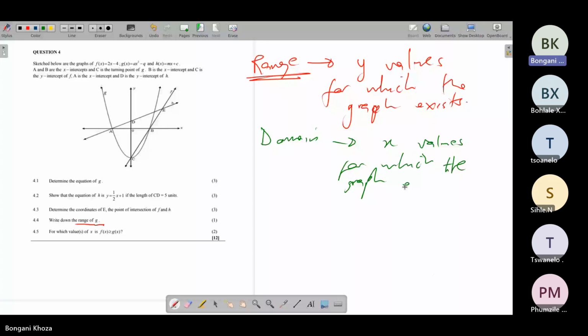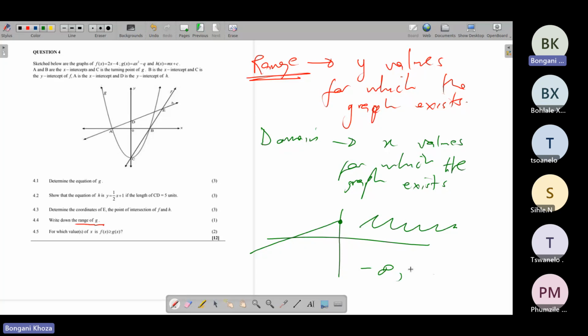Let me see, which one can I think of that has issues with domains? Maybe let's say your graph is only from here up to there. That means your graph does not exist on this side. If you are told that your graph ends here, it doesn't exist this side. That means we can say it's from negative infinity up to 0, like that.